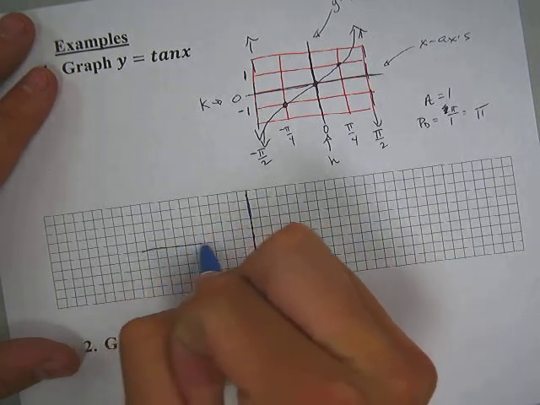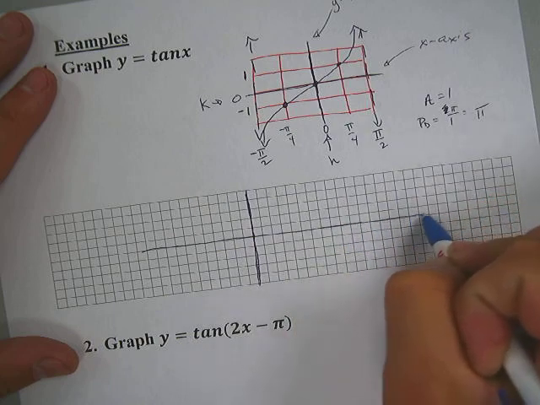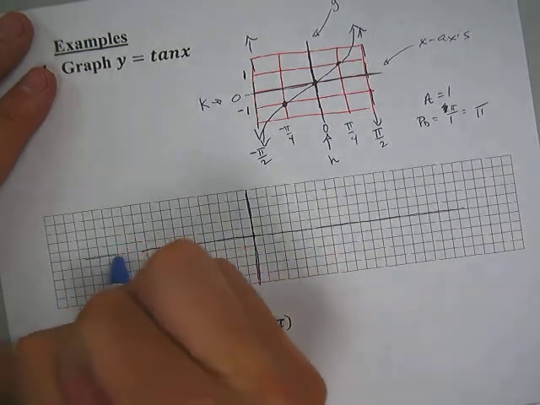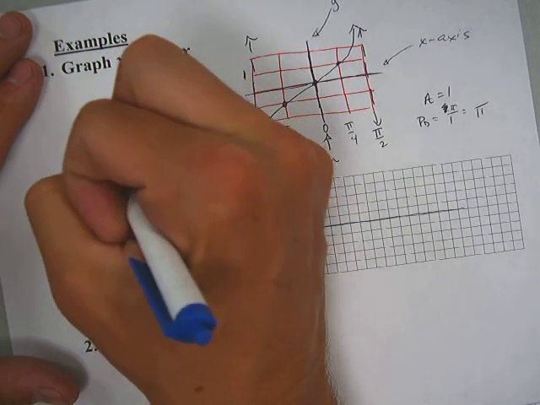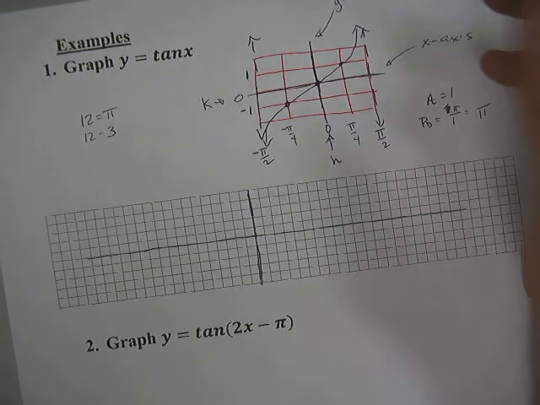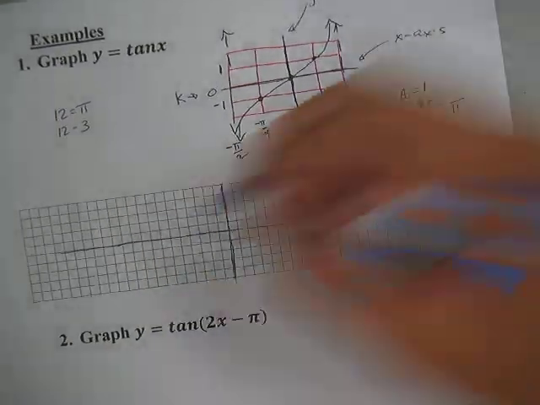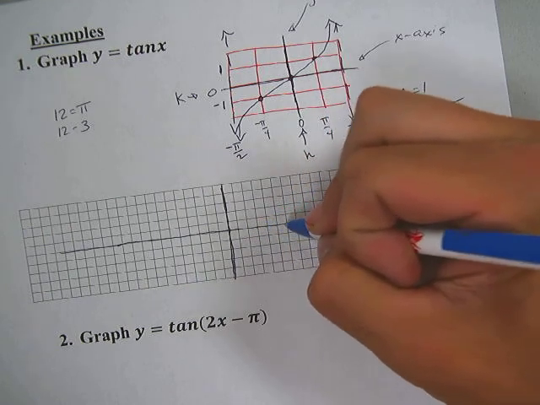So I'm going to just basically draw an x and y axis here on my chart, just so we're all kind of together. Now, just like before, we're going to use the same scaling. So I'm going to use 12 equaling pi and 12 equaling 3.